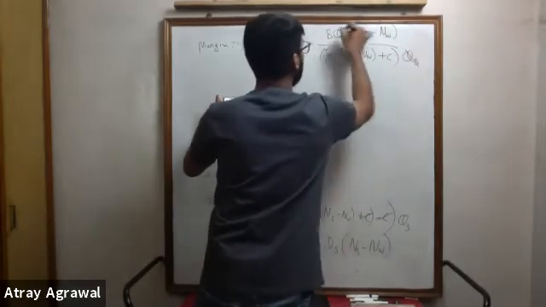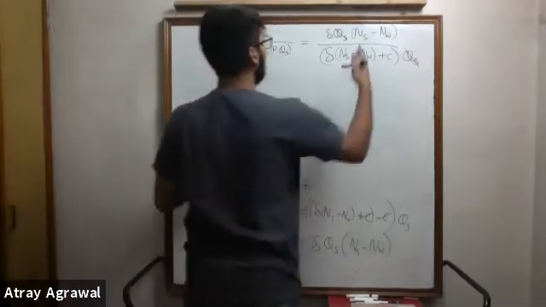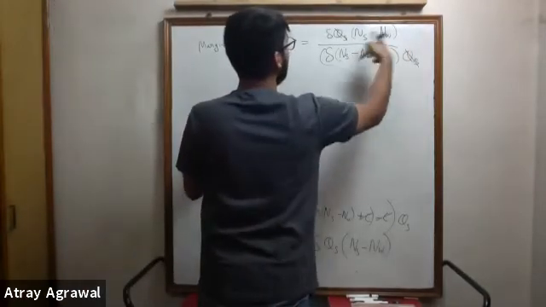Now once I have QS, because it's both in the numerator and the denominator, I will be cancelling it out. So the value I get is this much.